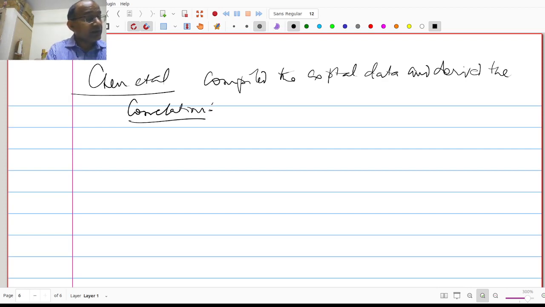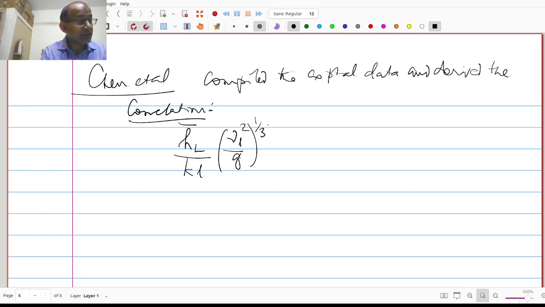So what is the correlation that they derived? They said that h_L bar divided by k_L multiplied by the length scale, they defined something like this: (mu_L squared by g) whole to the power of 1 by 3. So this becomes some kind of a Nusselt number.